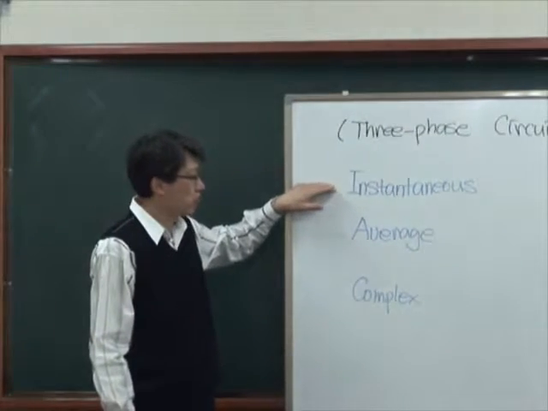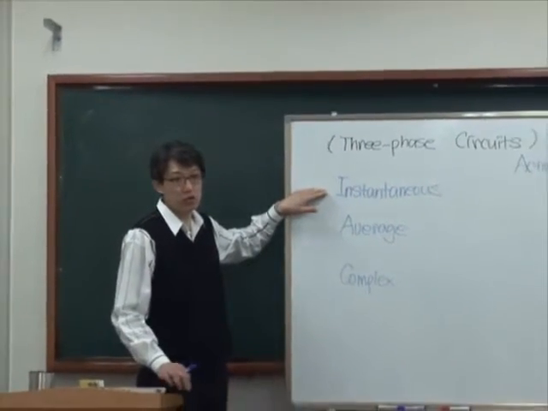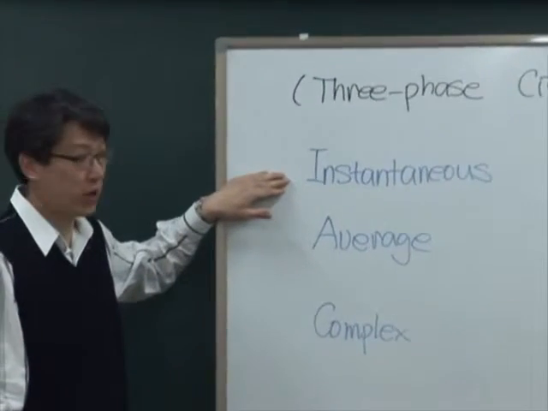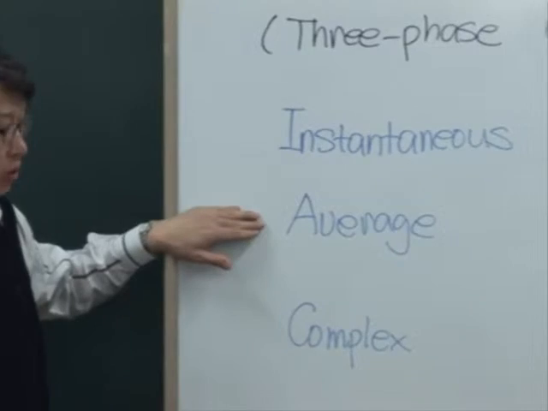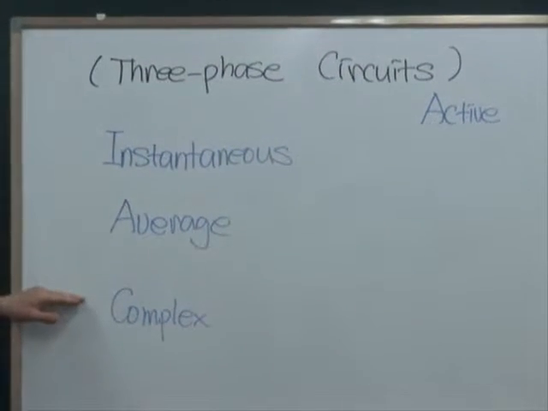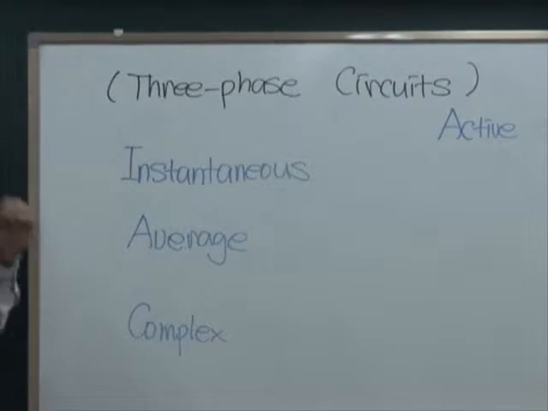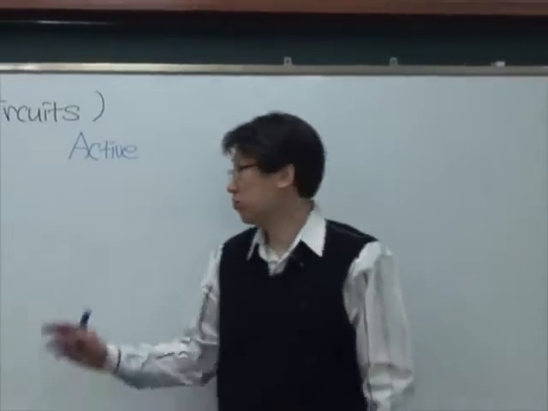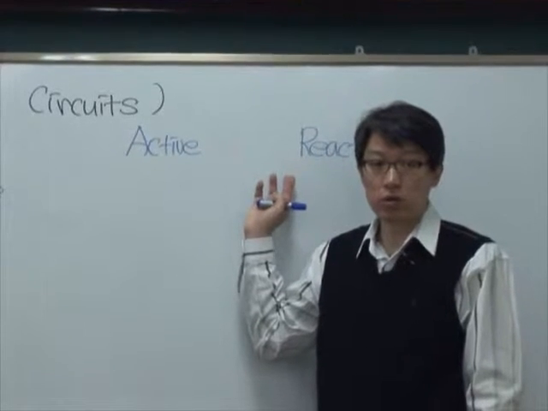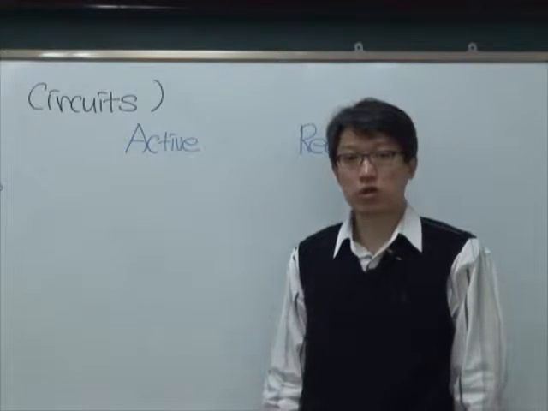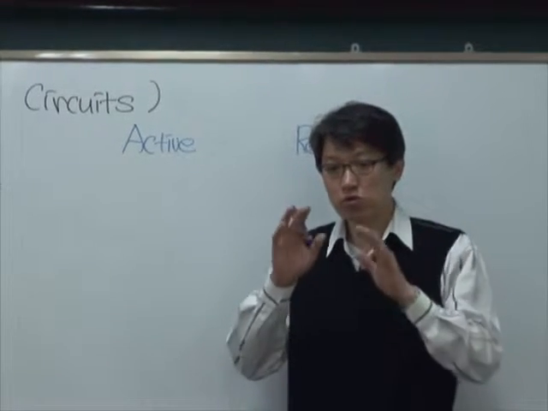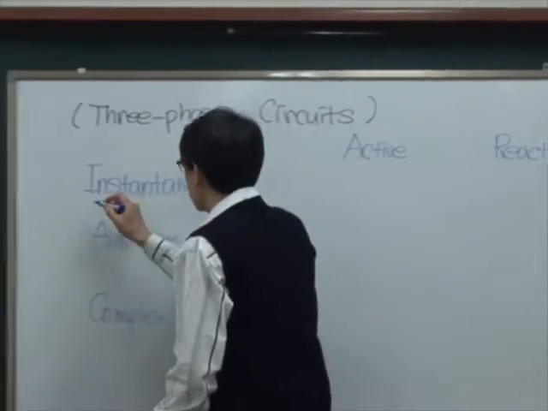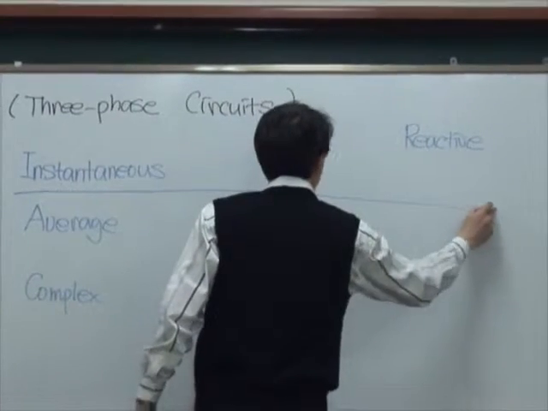One class of definition is called instantaneous power, and there is average power, and also we have complex power, and we have active and reactive power. So it's important to have some systematic coordination between these.